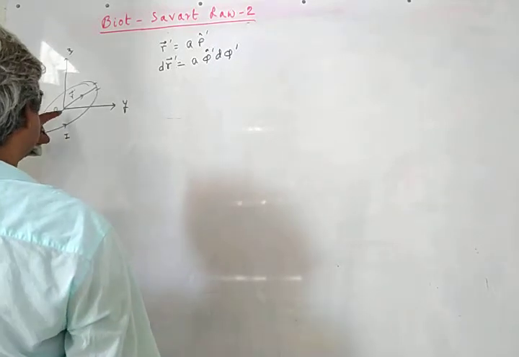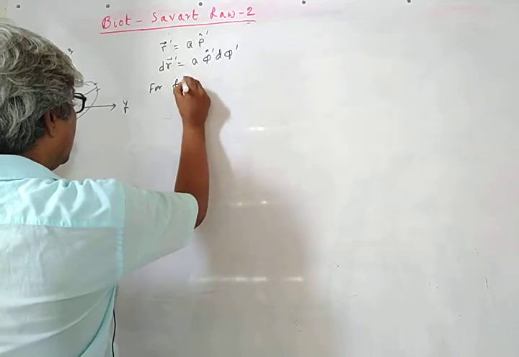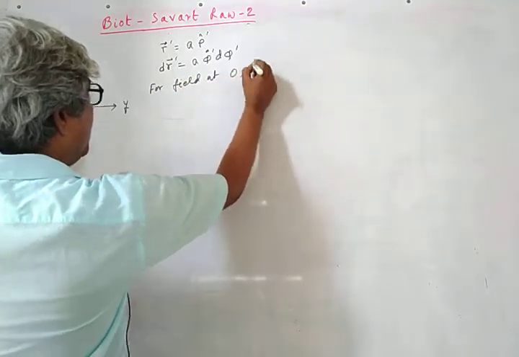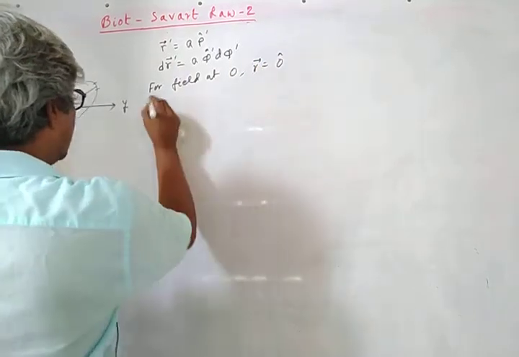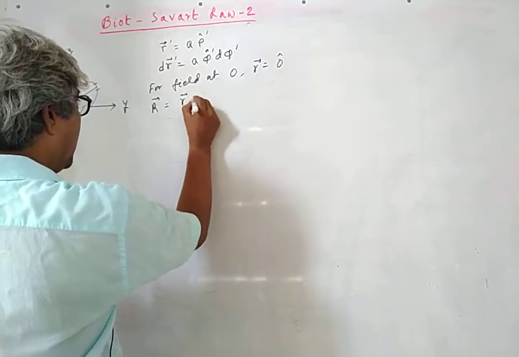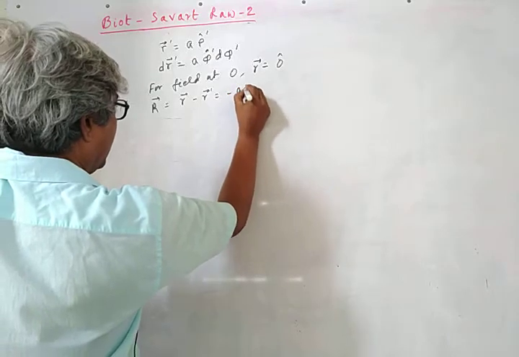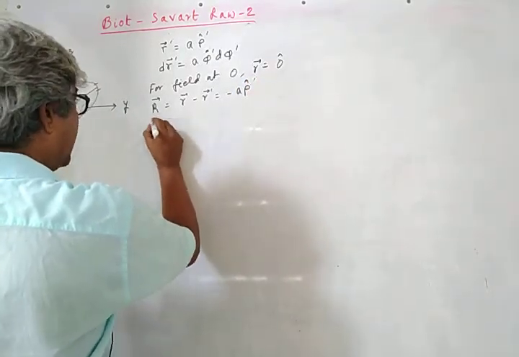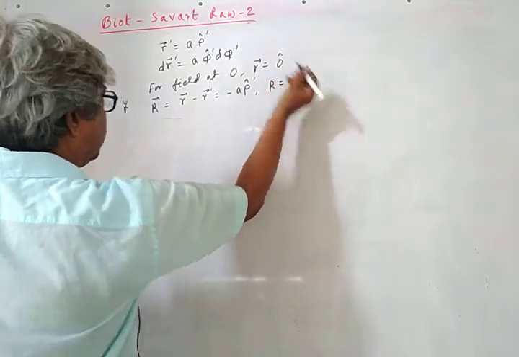And if we consider the field at the center O, we have r equal to a null vector. So capital R is equal to r minus r prime, which is equal to minus a rho prime cap, and the magnitude of R is simply a.